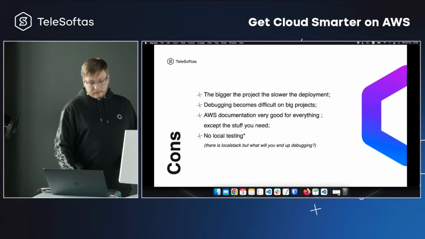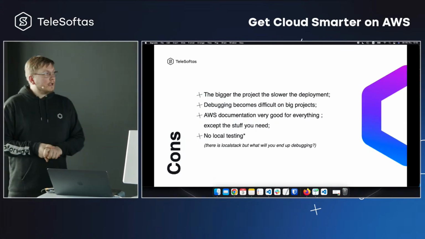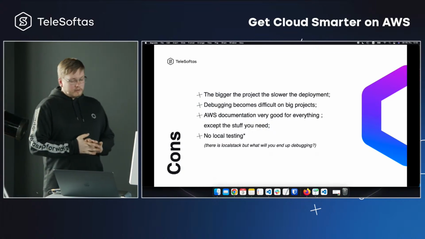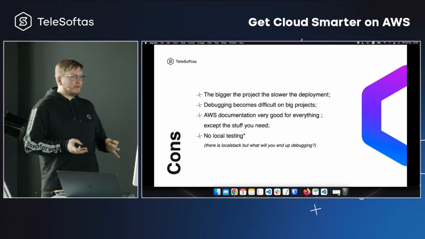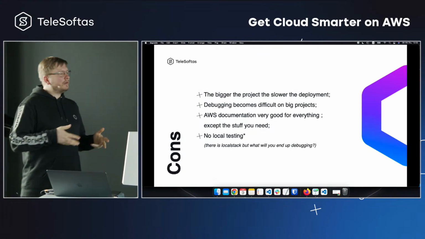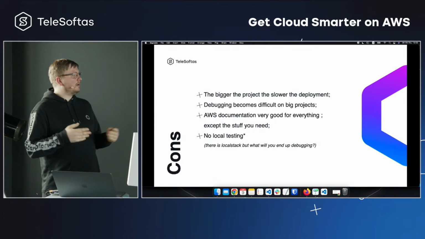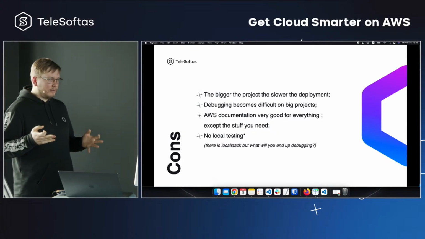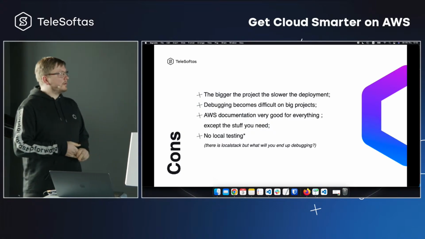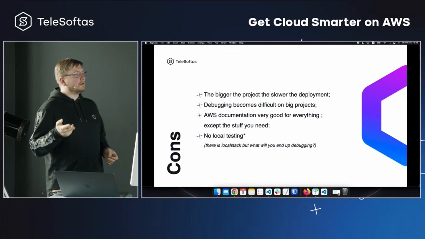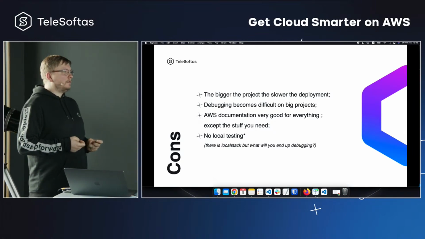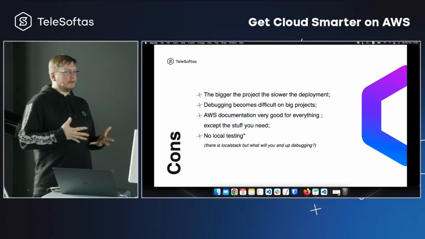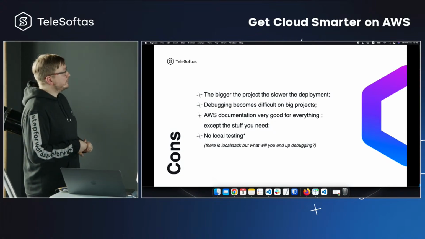And now going to the cons. What you saw was like 1 minute max deployment times, and I was talking kind of over it, but as your project grows a lot, those deployment times go to 5 minutes, maybe 10 minutes, which is a bit annoying if you're actually just developing on it, because we do develop on it.